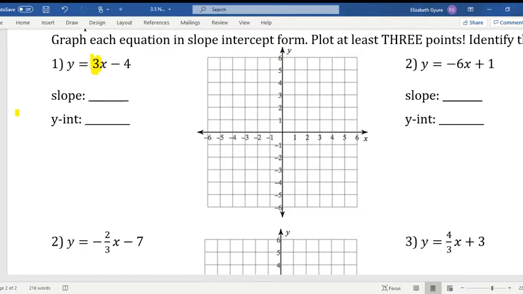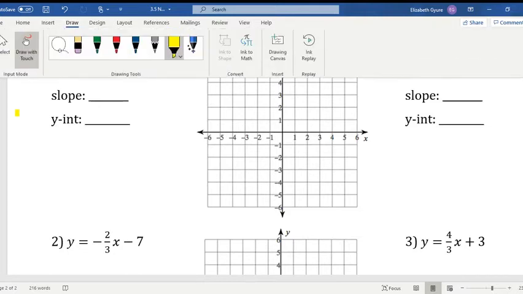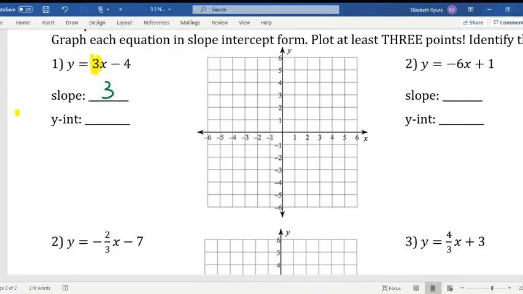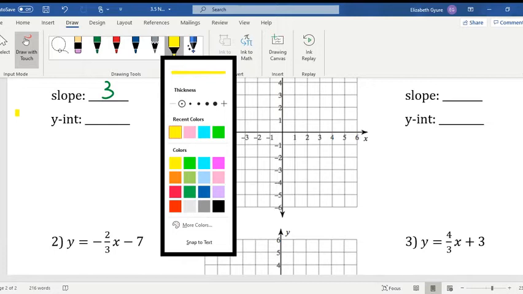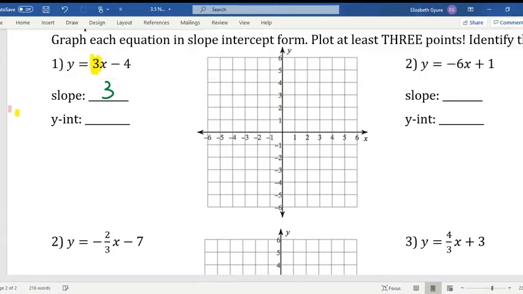That is your slope. So in our little line for slope, we're going to write down 3. Your y-intercept is whatever number is being added or subtracted on the back, which in this case is -4.